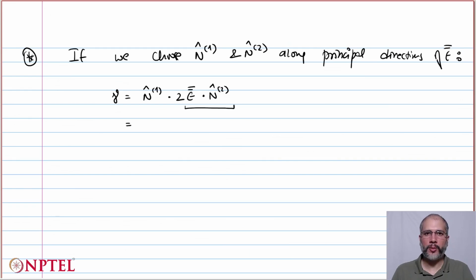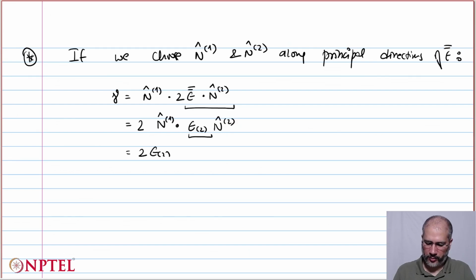Well, if n2 is the principal direction of epsilon, then this by definition is epsilon 2, that's the corresponding principal value, times n2. I'll move the 2 out here, and then we have n1 dot. So epsilon 2 is just a scalar value, so this becomes twice epsilon 2, and then we have the vectors n1 dotted with n2.